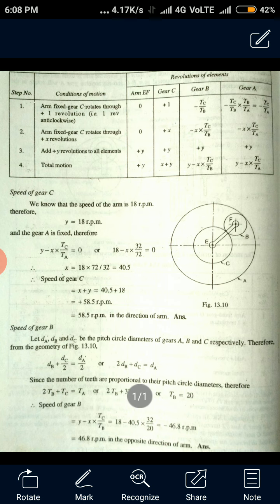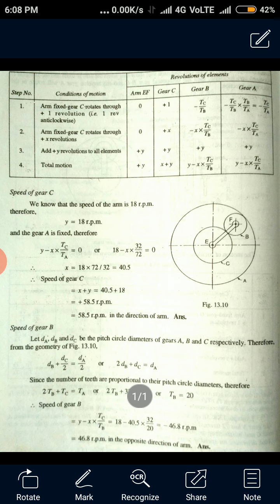Gear C rotates +1 rotation anti-clockwise. As you know, anti-clockwise is positive and clockwise is negative. Arm EF is fixed, so put it as 0.